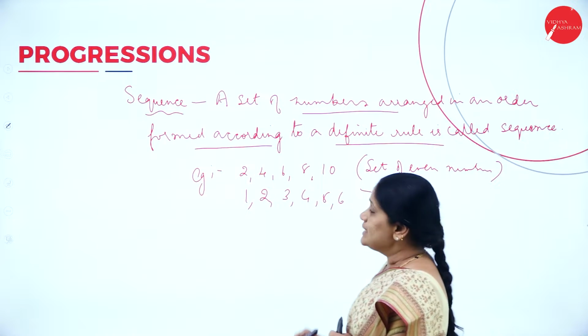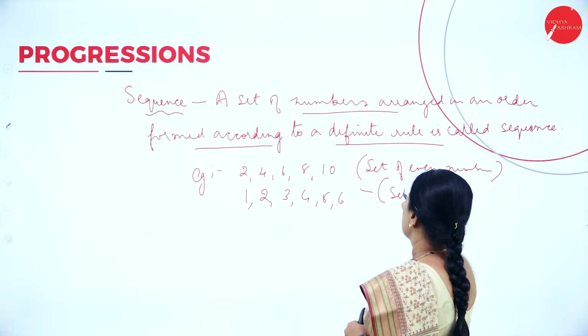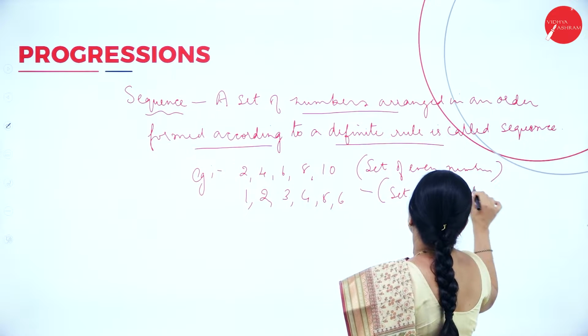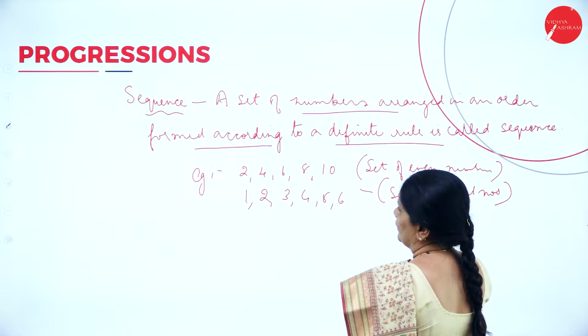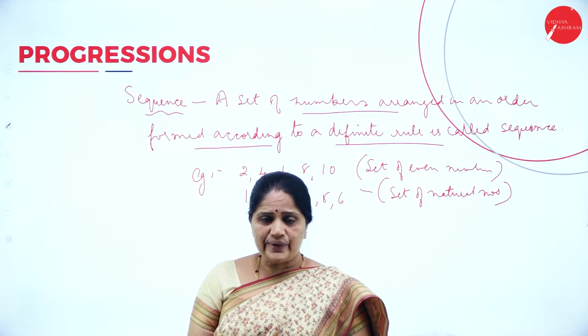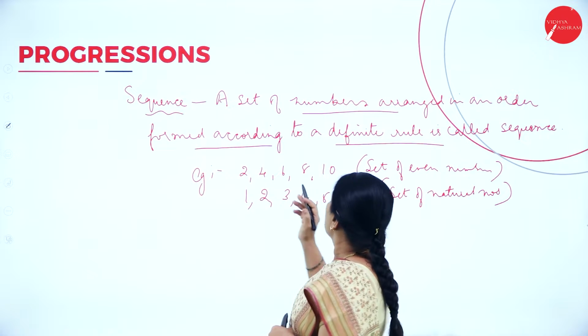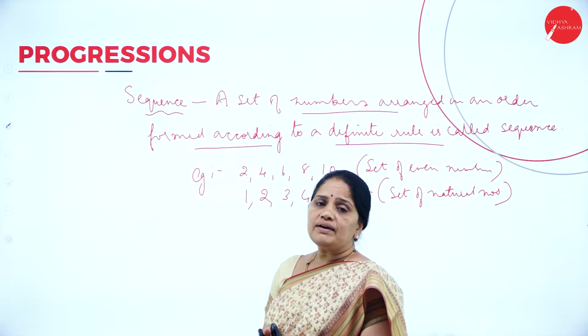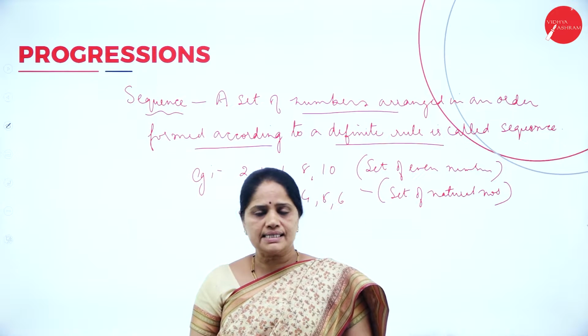So this will be a set of natural numbers. Okay, so we know what is a sequence. A sequence is a set of numbers arranged in an order formed according to a definite rule, so that we call it as a sequence.